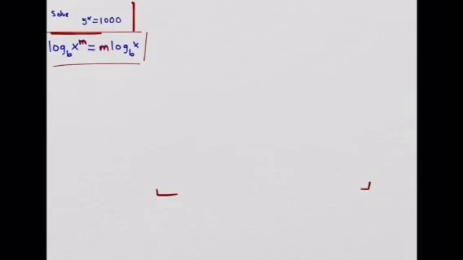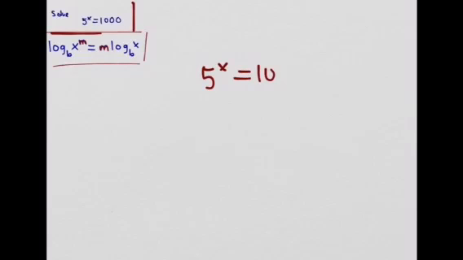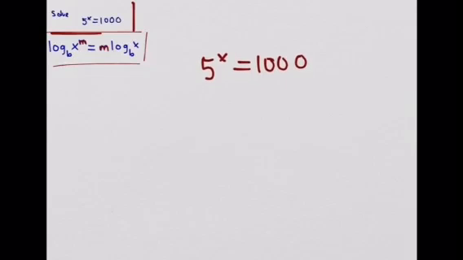Let me go back to our problem. If I want to solve 5 to the power of x equals 1,000, what I'm going to do is take the logs on both sides.